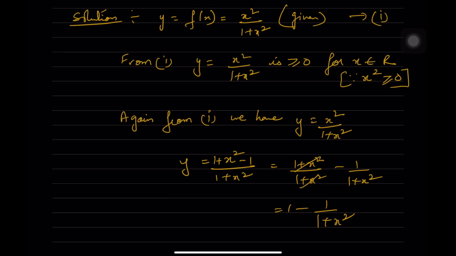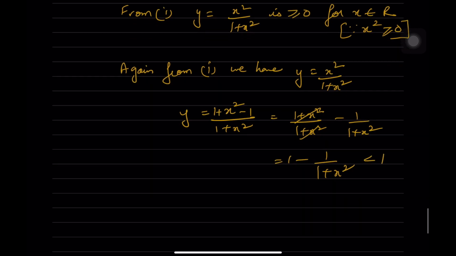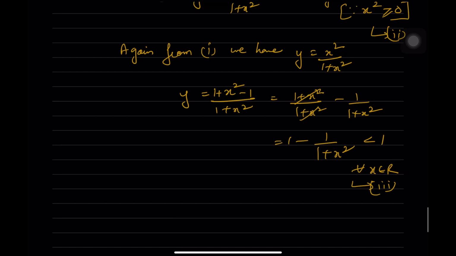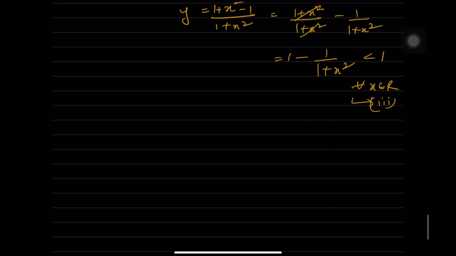Now here for different values of x, what do we get? We get this value is less than 1 for all x belongs to R. So we'll take this as equation 3, and this we'll take as equation 2. So we're having 1, 2 and 3. Now from 2 and 3 we can write the range.